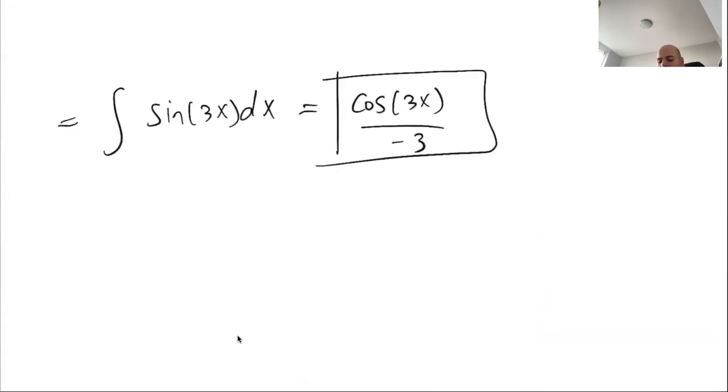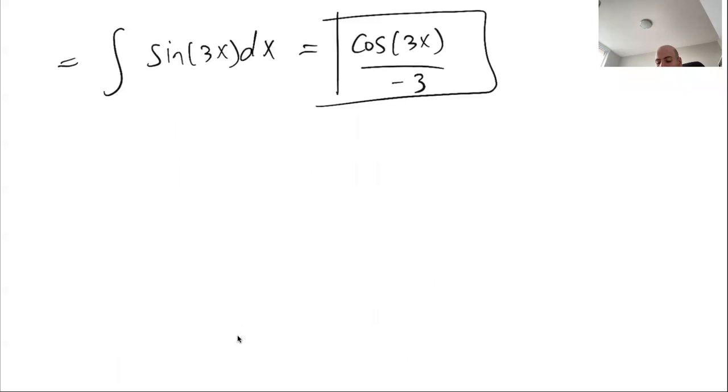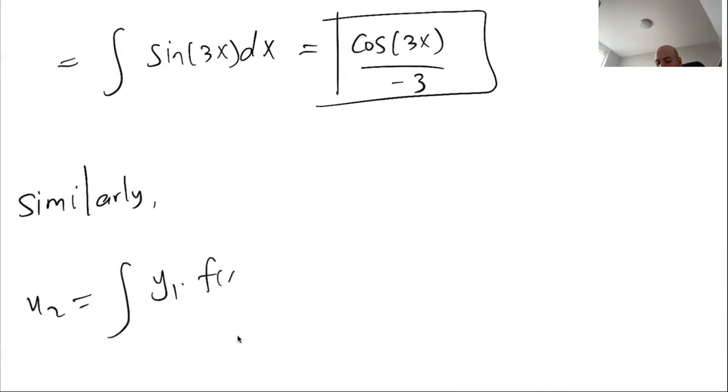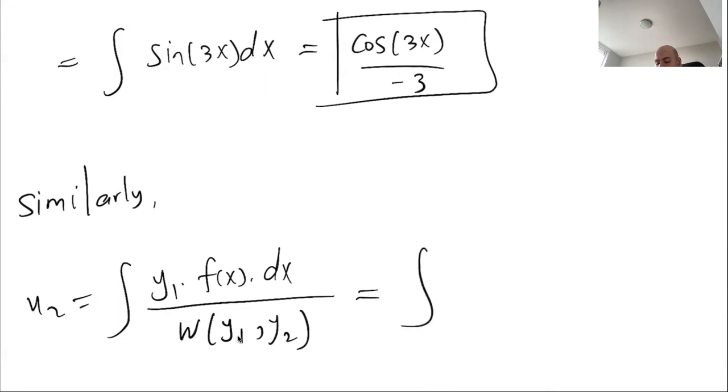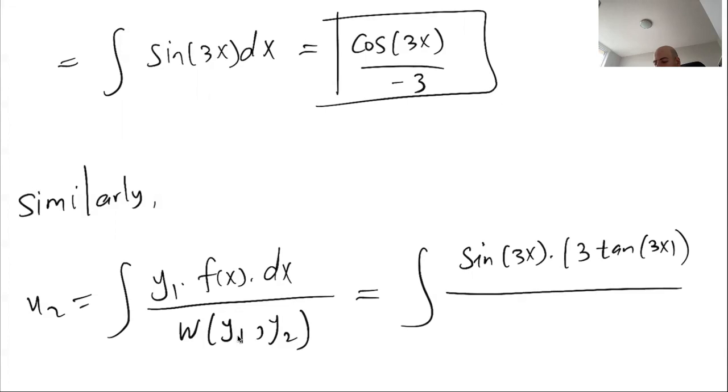And similarly, let's find u2. u2 is equal to integral of y1 f of x dx divided by w of y1 and y2. Then this will be integral of y1, which is sine 3x, times f of x, which is 3 tan 3x, divided by minus 3 dx.